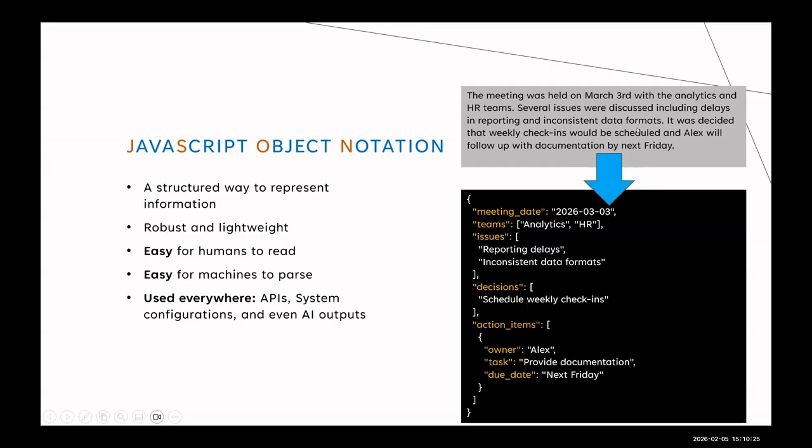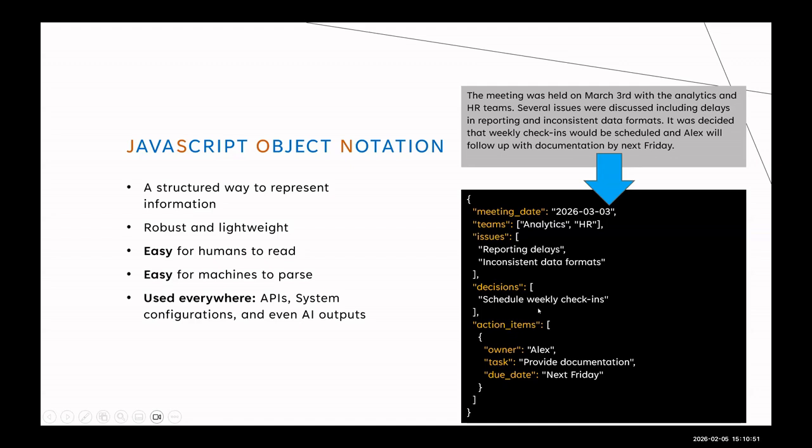So instead of giving you a whole wordy paragraph, the JSON basically breaks it down into easy-to-read parts. So the meeting date, March 3rd, teams, analytics team, HR team. The two issues found, reporting delays, inconsistent data formats.